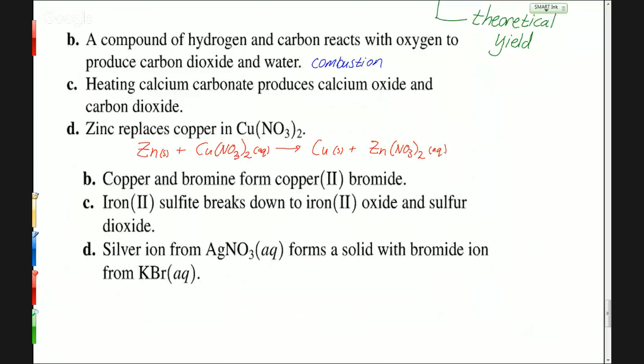All right. See if you can write equations for each of the rest of these. That is this one, this one, this one, and this one. I have to tell you one thing, because there's one ion that's not on the list here, and that is sulfite, which is SO3 2-.